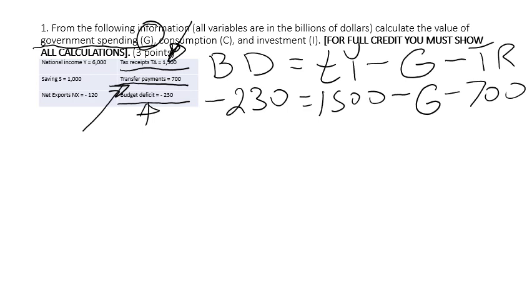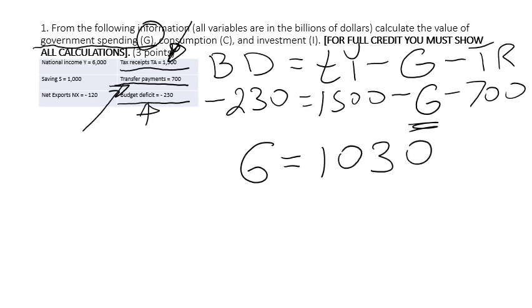So we solve for G, and what do we get? We get government spending of 1,030. So that's G. And I think we can safely assume that it's autonomous. Oh, never mind. Doesn't matter. All right, so autonomous government spending 1,030.